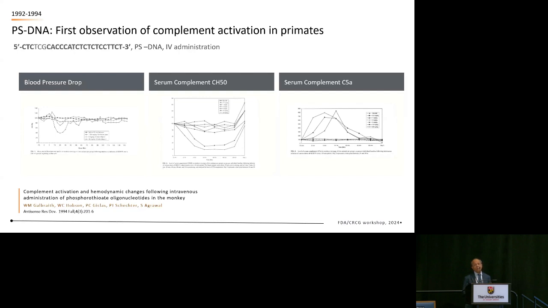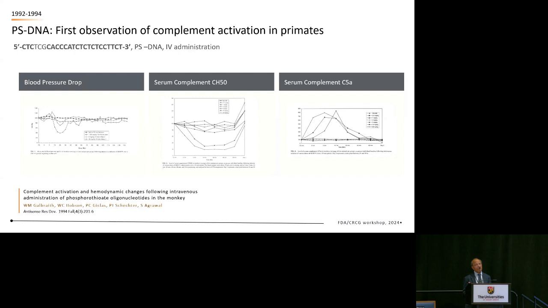It took us about 18 months to solve it, and it was related to complement activation. And it was related to rapid infusion of the compound, because that compound was a charged material. So there is a drop in blood pressure, a drop in complement, and it also activates C5a, and that remains true to date. Over thousands of patients have now been dosed, but in all of these cases, it's a slow infusion.